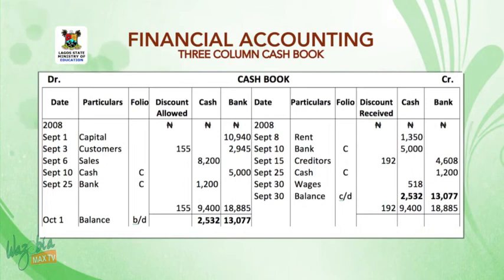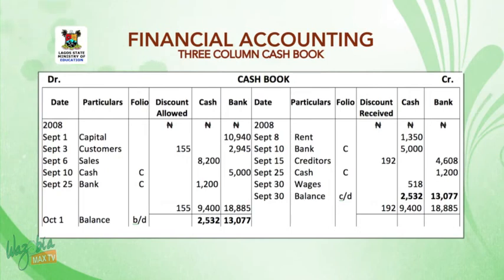How do you do this? First of all, start from the debit side. The discount allowed, total it. Whatever you have there, you write it as total. Then the discount received on the credit side, you do the same thing. Then under cash of both sides, you total. Whatever you have, you subtract.